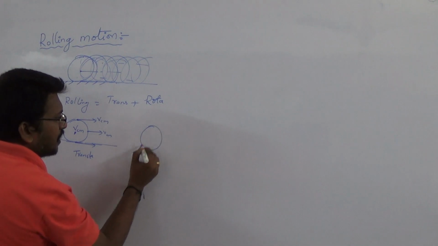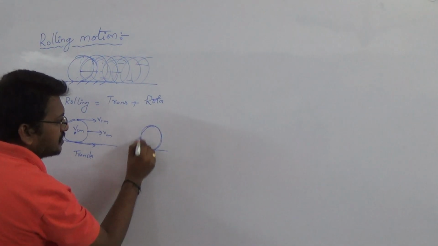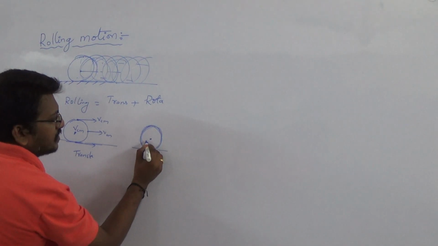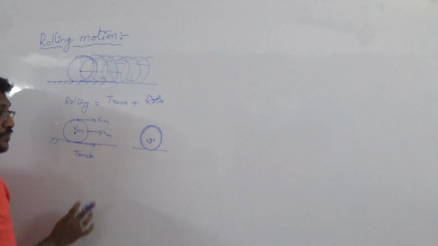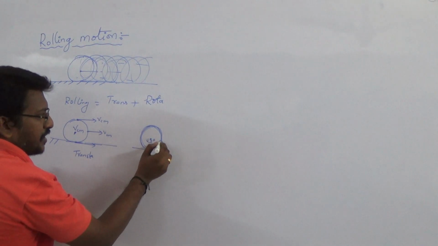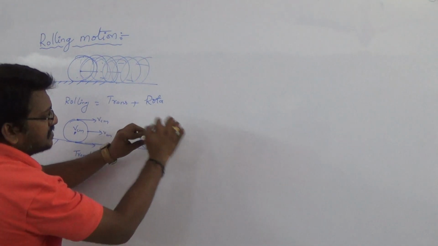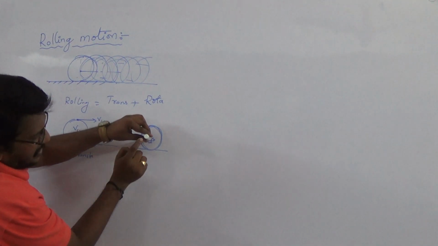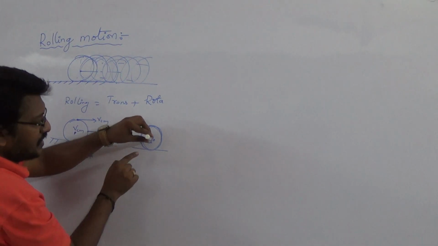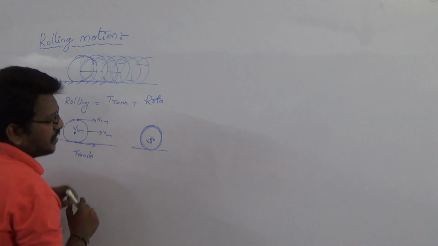Now take only rotatory motion, only rotating like this. In this case, the velocity of the center of mass particle becomes 0, because all particles are rotating about this axis. But the particle at the center, on the axis, has no rotation. That's why the velocity of that particle becomes 0.